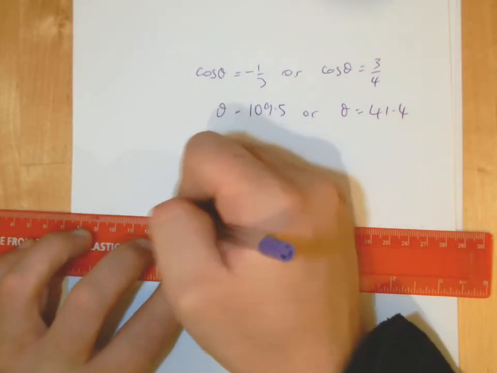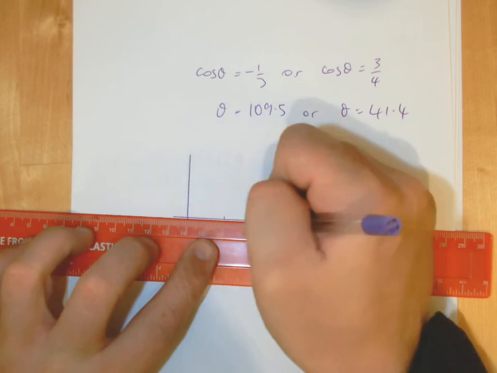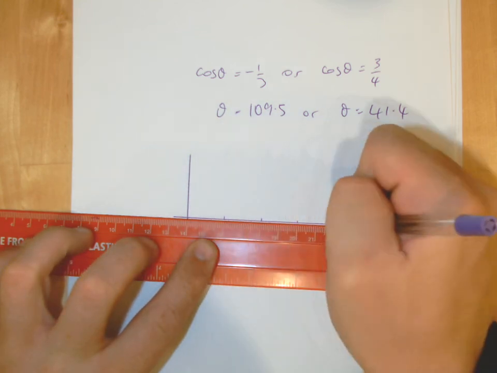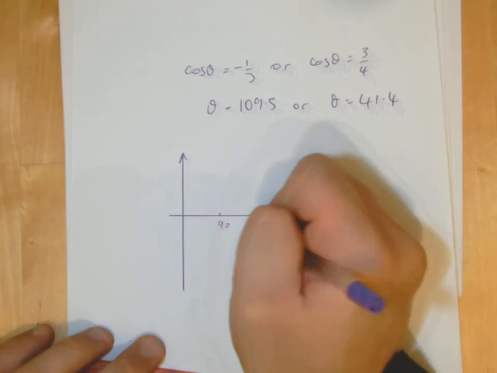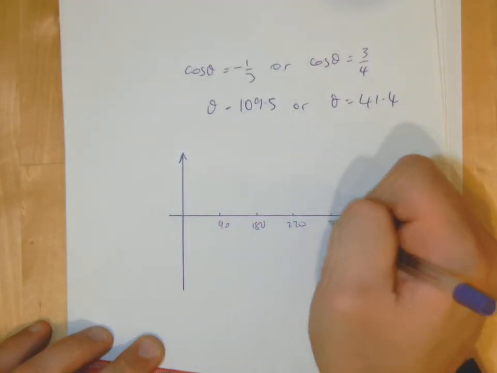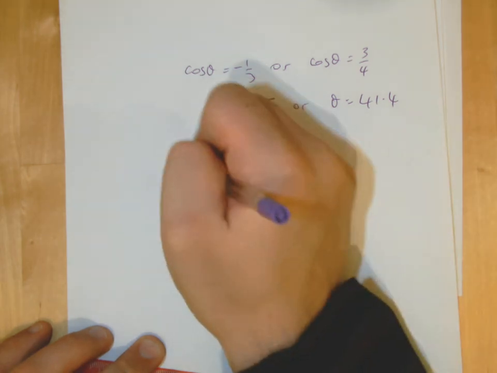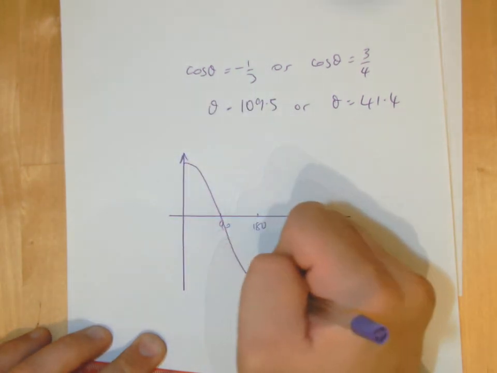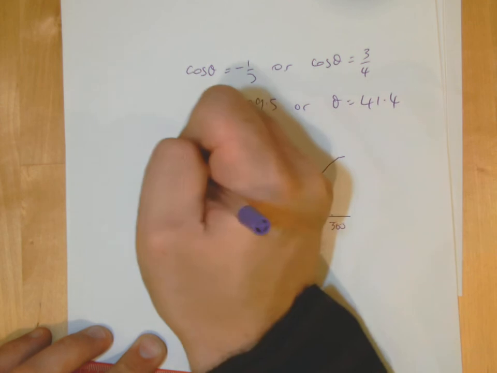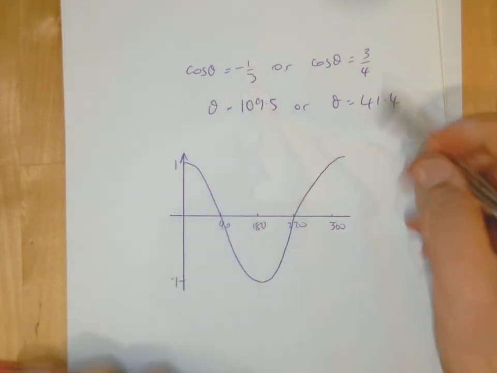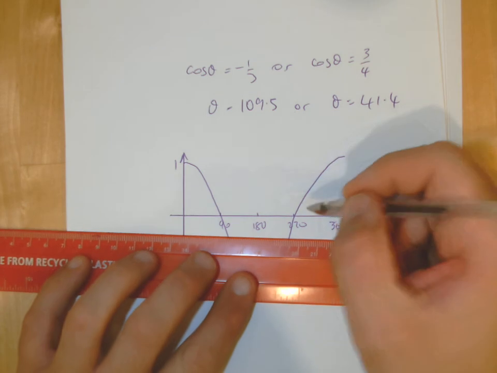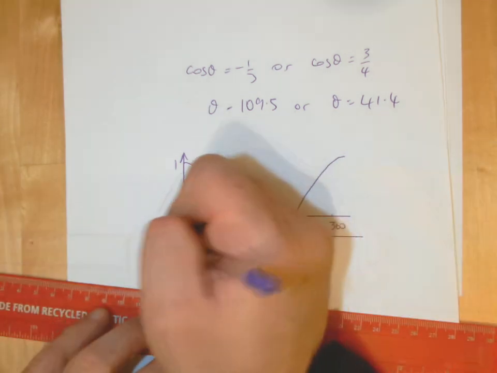Every 2 squares to represent 90. Now we don't need anything negative in this case because everything came out as positive in our results. 90, 180, 270, 360. So your cos graph looks like this. 1 here, minus 1. So if we take the results, minus 1/3 is about here. Draw a line at minus 1/3.